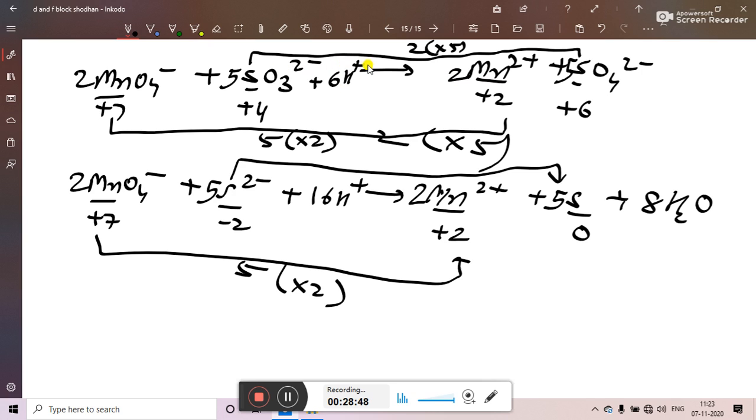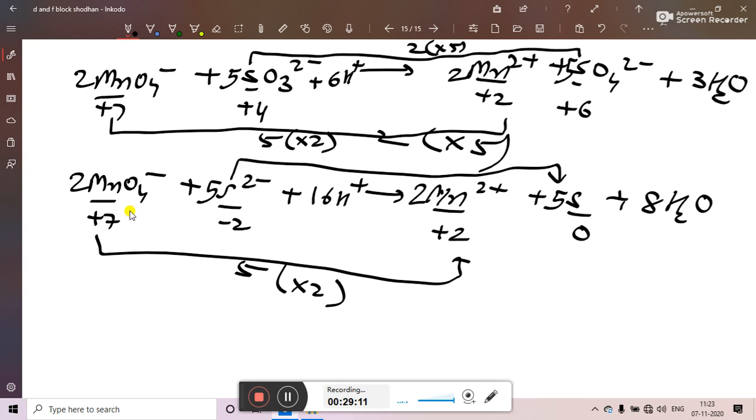Then in order to balance this 6 hydrogen we have to add 3 H2O. So this is the balanced equation. 2 MnO4 minus plus 5 SO32 minus plus 6 H plus gives 2 Mn2 plus 5 SO42 minus plus 3 H2O. So till now we have studied the chemical property of MnO4 minus in acidic medium.